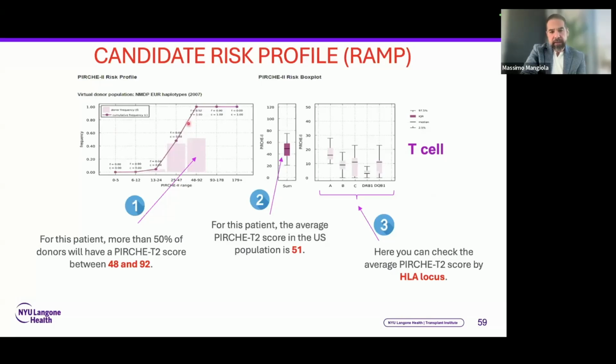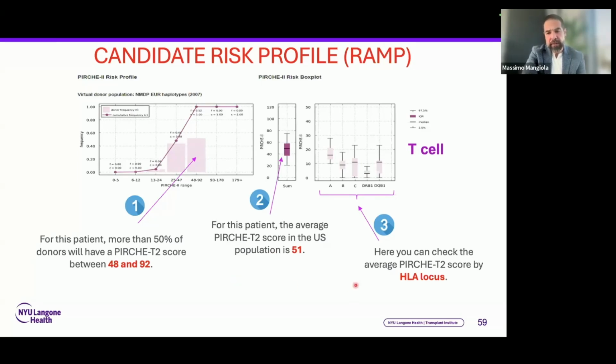This is what the graph means. The graph on the left-hand side is telling you that for this particular patient, more than 50% of the donors in the population that you have chosen have a PIRCHE-T2 score between 48 and 92. The graph in the middle tells you that the average donor out there in the population that you have chosen is 51.